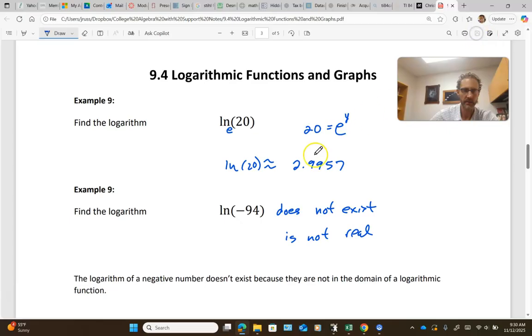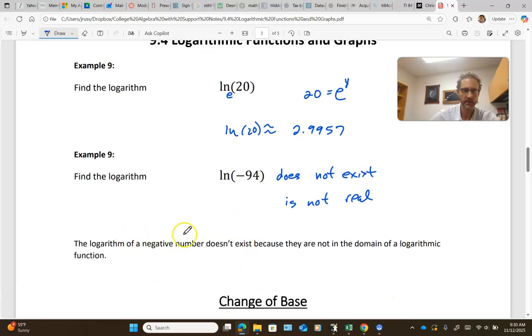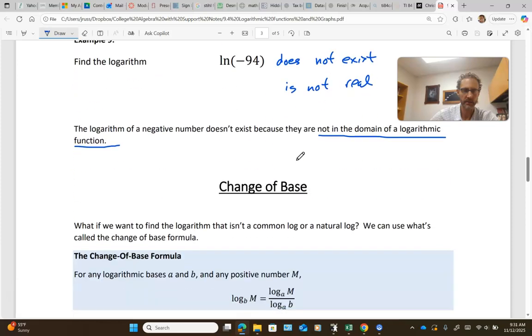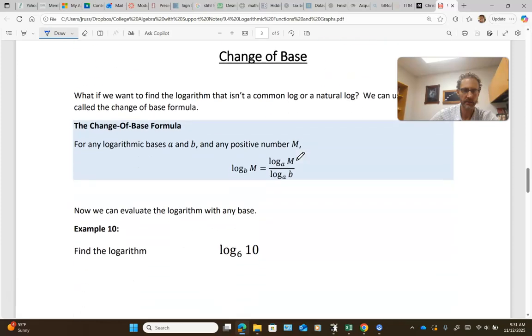In short, just remember you can't take the logarithm of a negative number. Again, the logarithm of a negative number doesn't exist because negative numbers are not in the domains of logarithmic functions, or at least a basic logarithmic function anyway. Alright, so I think I'm going to stop there for the part 1 video.